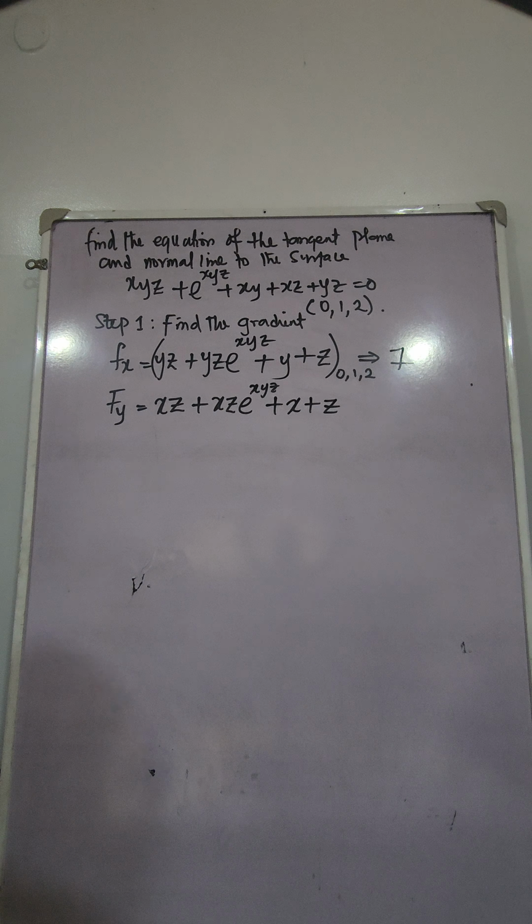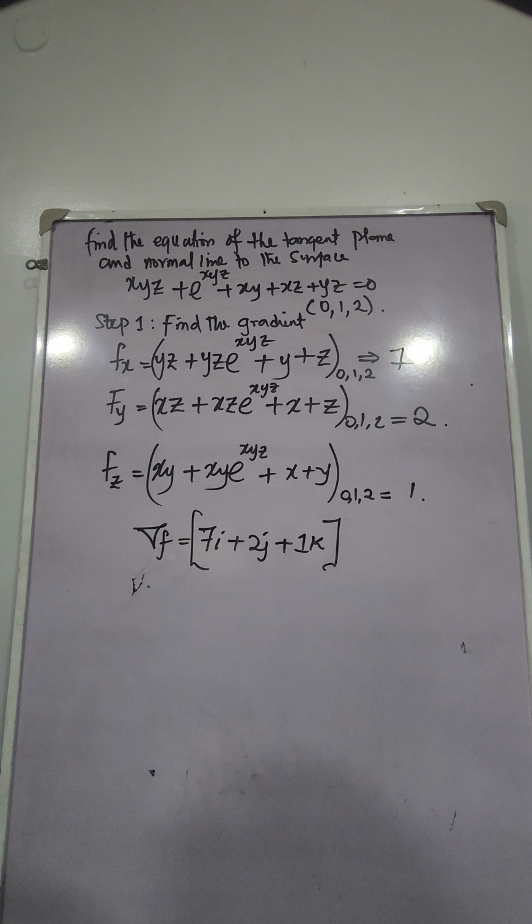So the gradient of the function is 7i plus 2j plus 1k. That's the gradient of the function, 7i plus 2j plus 1k. But we are not looking for the gradient. He asked us to find the equation of the tangent plane.